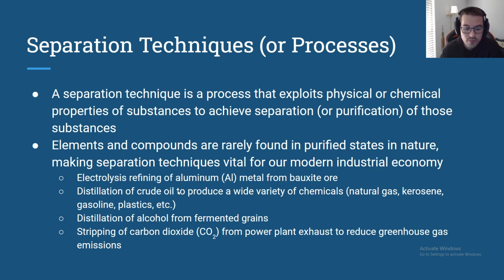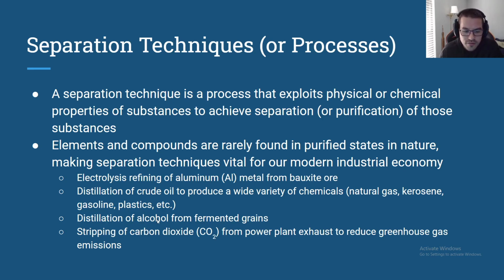Distillation of crude oil: crude oil that we drill up from underneath the Gulf of Mexico can be distilled to produce a wide variety of things like natural gas, kerosene, gasoline, plastics, not plastic itself, but the precursors that are used to make plastics.